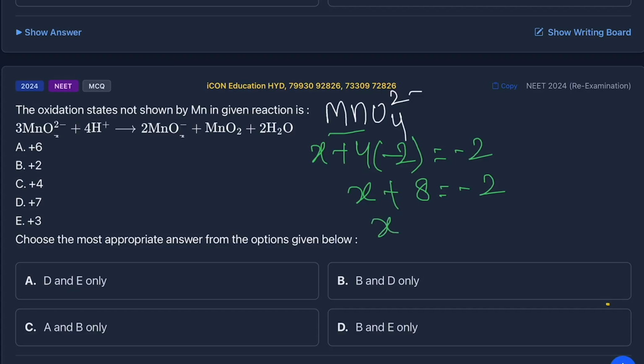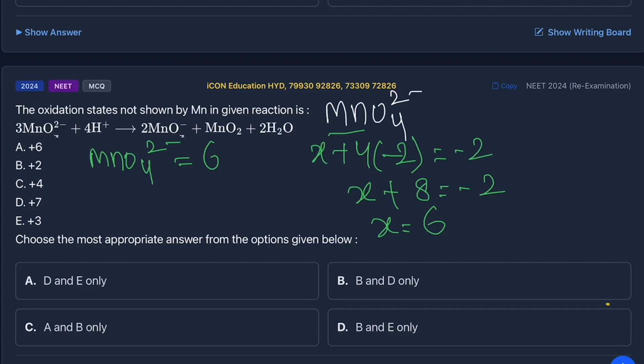So x plus 8 negative equals -2, so x equals 8 minus 2, which is 6. So the oxidation state in MnO4 2- is +6.